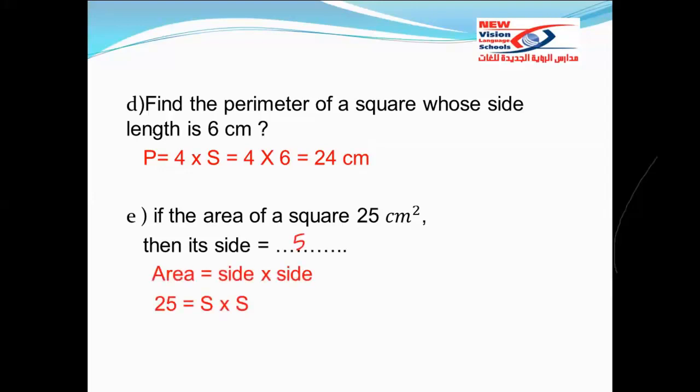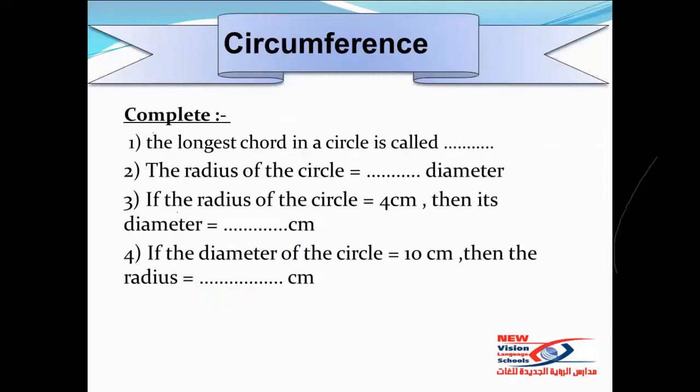Another question. We talked about how to find the circumference of a circle. The circumference of a circle is the length of the outer line of the circle. Do you remember the circle with me? Can you tell me what the diameter of the circle is? Raise your hand. What is the diameter?